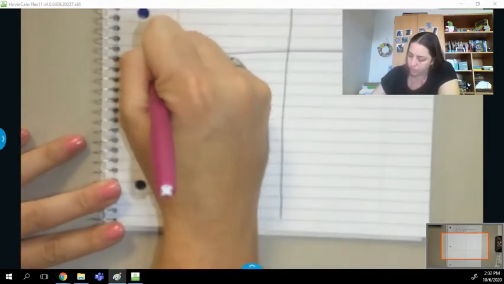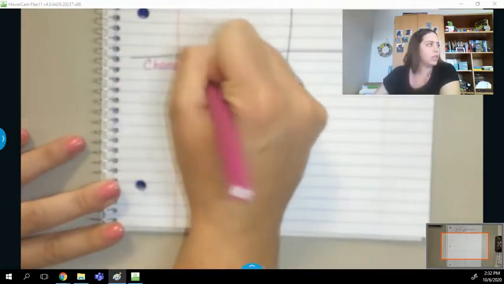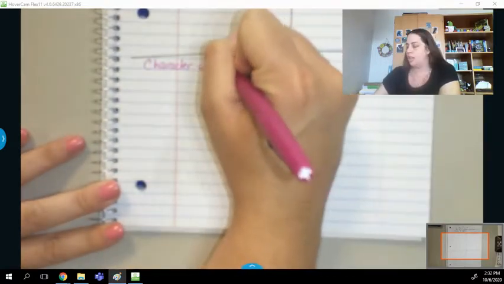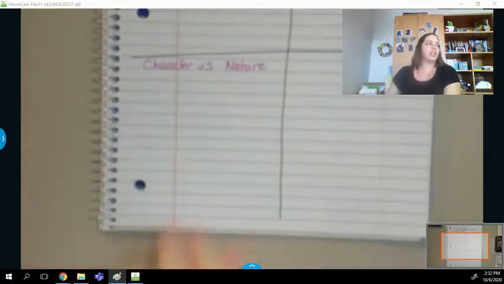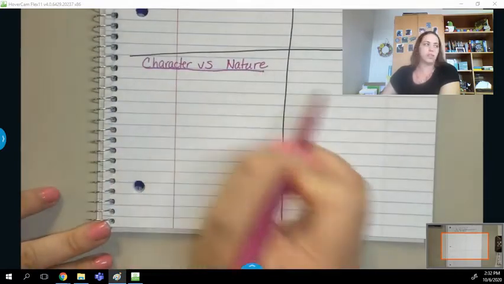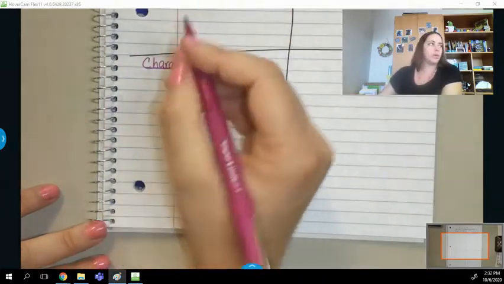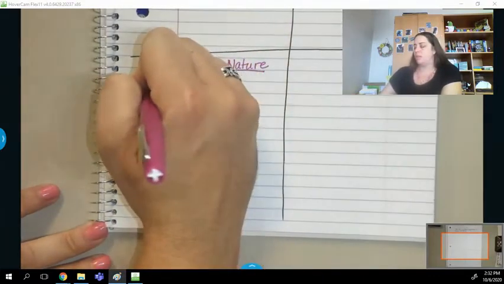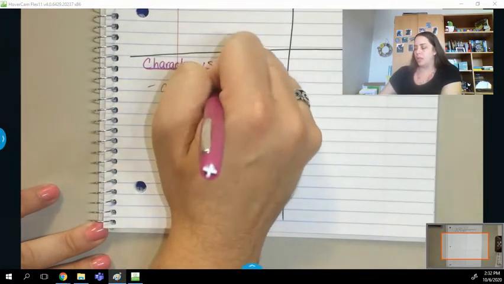character versus nature. This one's a bit interesting. This is the one that you don't see necessarily as often as the rest of them. This is something that's going to be a problem with a force of nature.